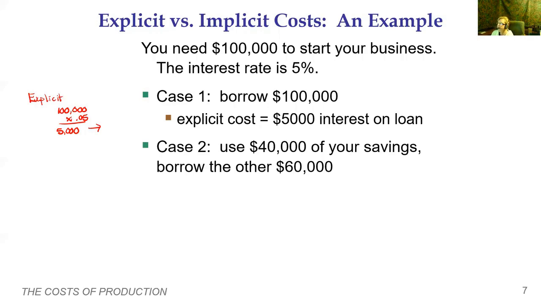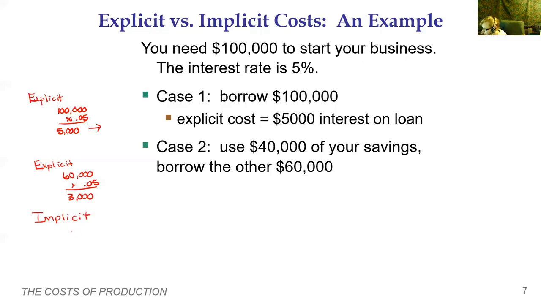But now let's take a look at a different scenario. And in case 2, we have some money to start this business. So what we're going to say is our explicit cost is going to be the $60,000 that we're going to borrow times the 5%, which is going to be $3,000. Okay. Our implicit cost is, what else could you do instead of using the $40,000 of your savings?